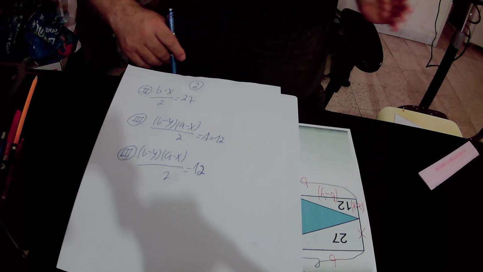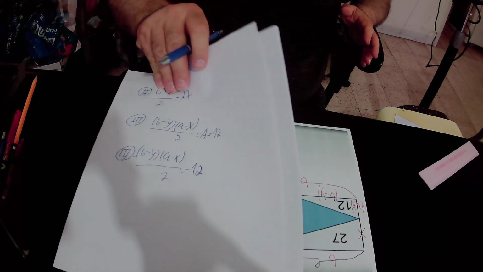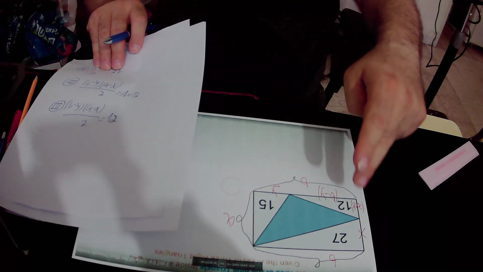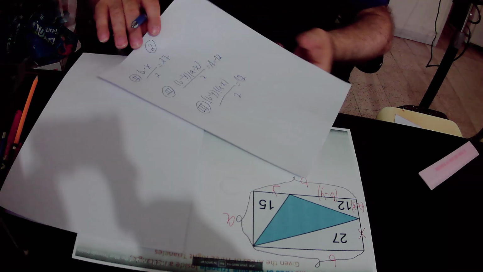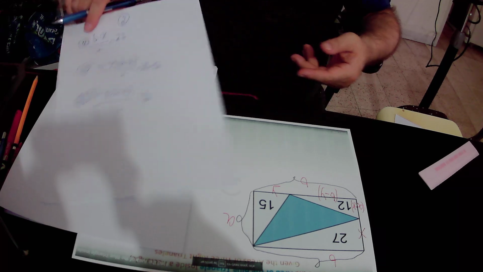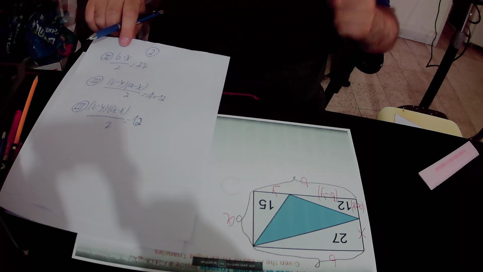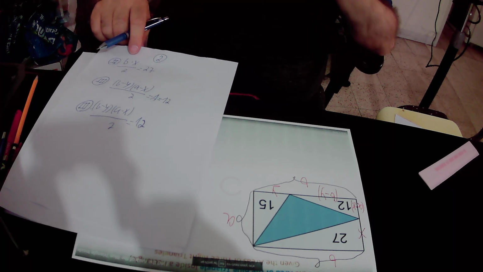Okay, so we actually created 3 equations for the formulas of the 3 right triangles, and in the next step we will take x and y out of their equations.